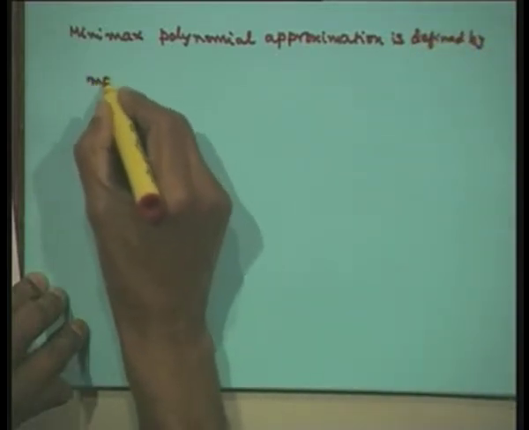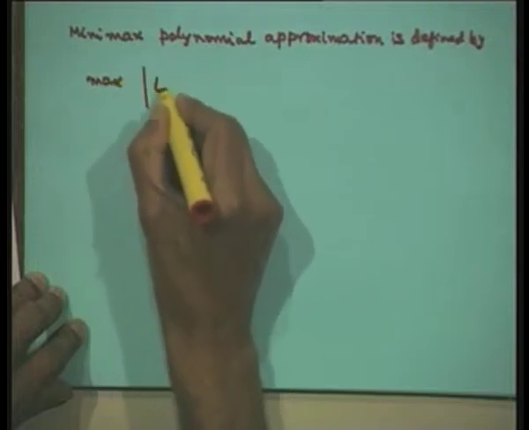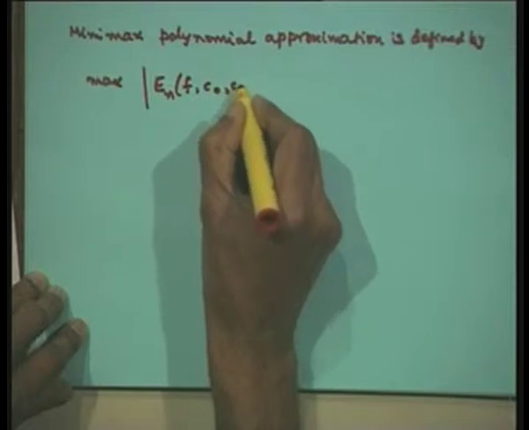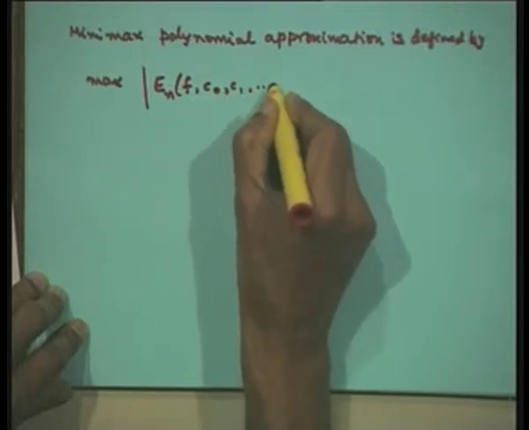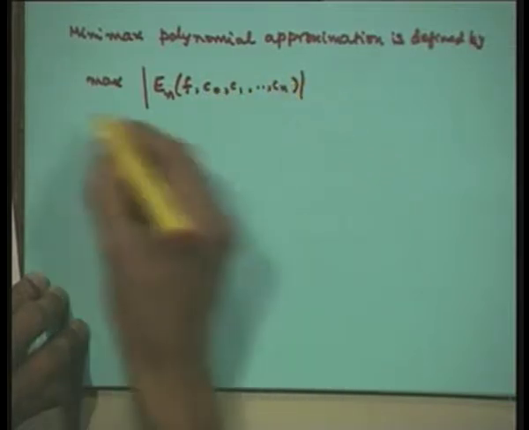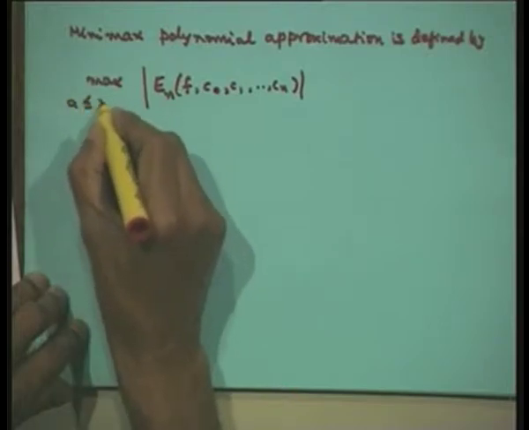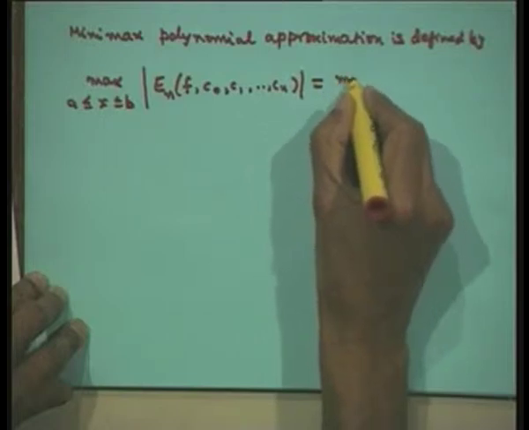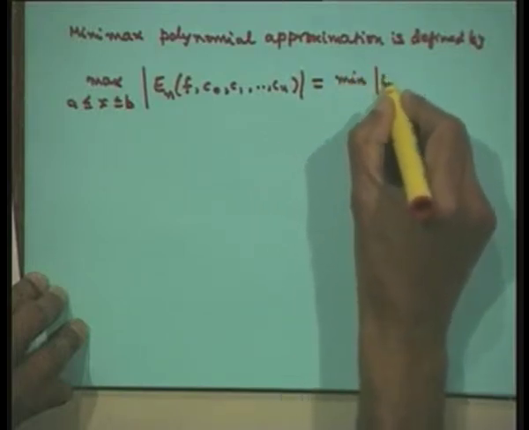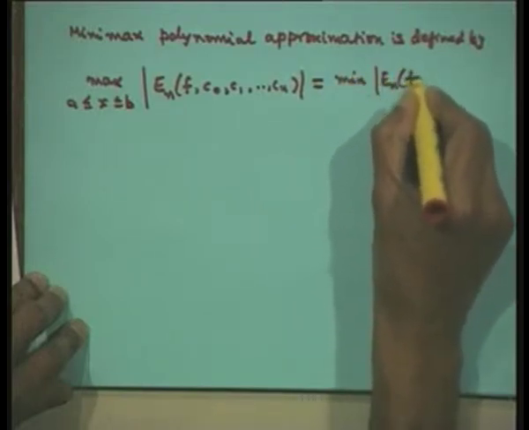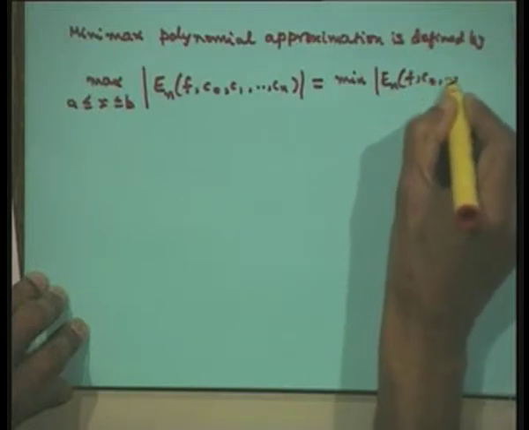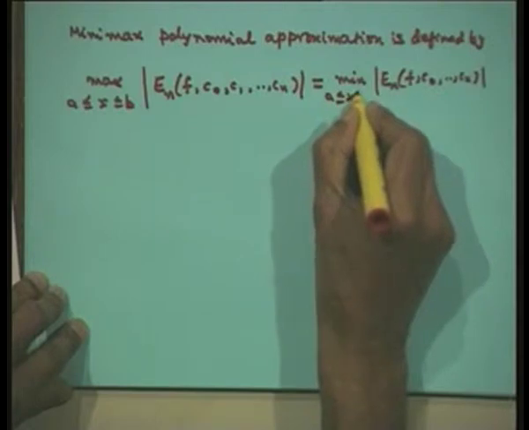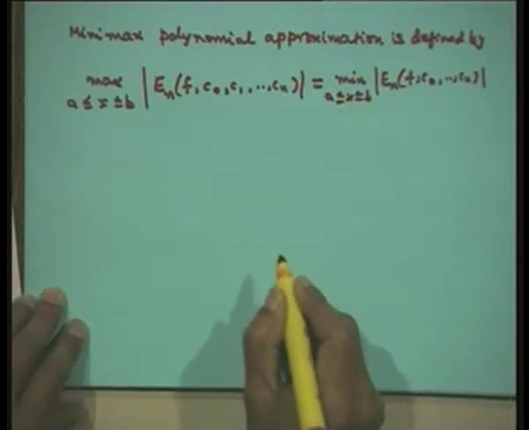maximum of magnitude E n, which is a function of f, c naught, c 1, c 2, c n, x lying in the interval a to b is equal to minimum of E n, f, c naught, c 1, c 2, c n, again x lying in the interval a and b.